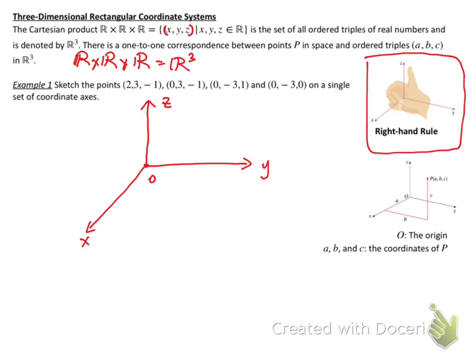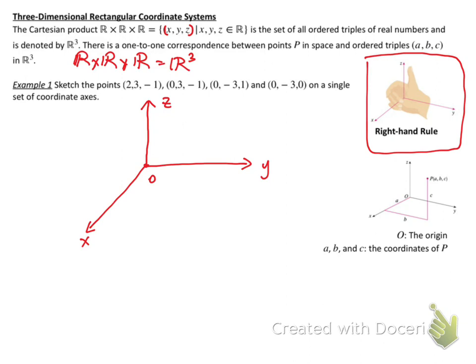For your A, B, C, you start from the origin, go to the point A on your x-axis, then go B based on what the y coordinate is, then C will be moving upward or downward. Again, it's an illustration. You are drawing a three-dimensional thing in two dimensions, so sometimes it's a little bit confusing when you see the picture.